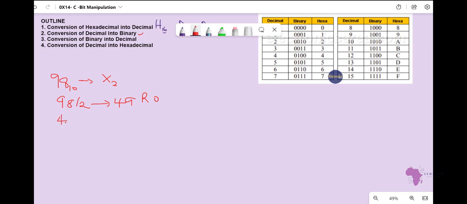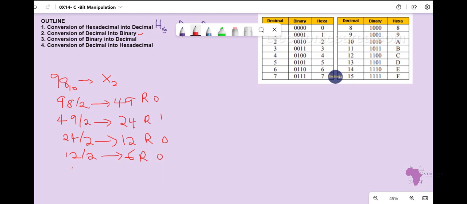Then 49 divided by 2 gives us 24 remainder 1. 24 divided by 2 gives us 12 remainder 0. 12 divided by 2 equals 6 remainder 0. 6 divided by 2 gives us 3 remainder 0. 3 divided by 2 gives us 1 remainder 1.